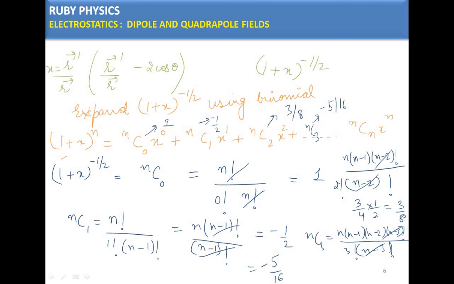Okay, this equation you have to put in. So what you will get now after putting, you will come to the point that 1 plus x to the power minus 1 by 2 is equal to 1 minus 1 by 2 into x plus 3 by 8 into x square minus 5 by 16 into x cube and so on.